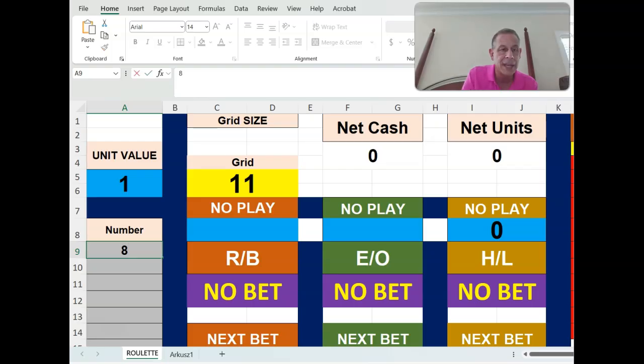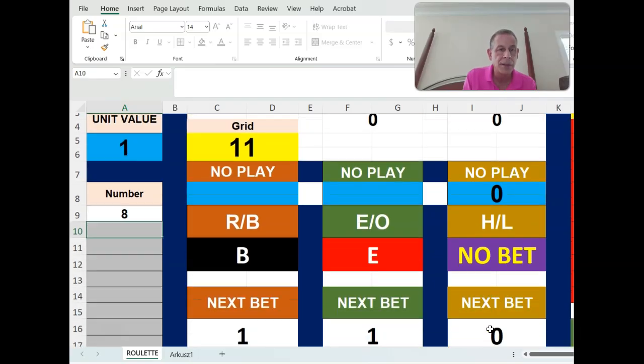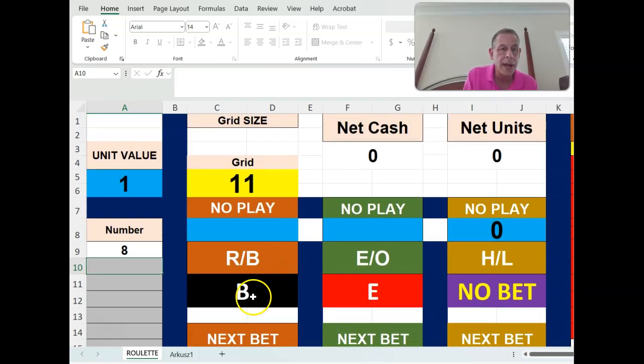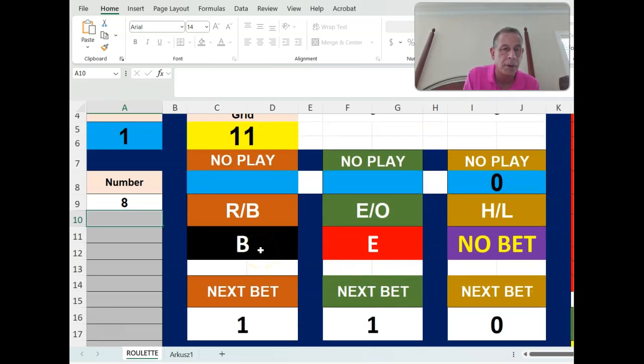So let's say an 8 comes up, because we need a trigger. And now you see here's our bet. We're betting 1 unit on red or black, or even or odd. It tells us right here we're betting on black and even. It's really simple, guys. You can't screw this up.